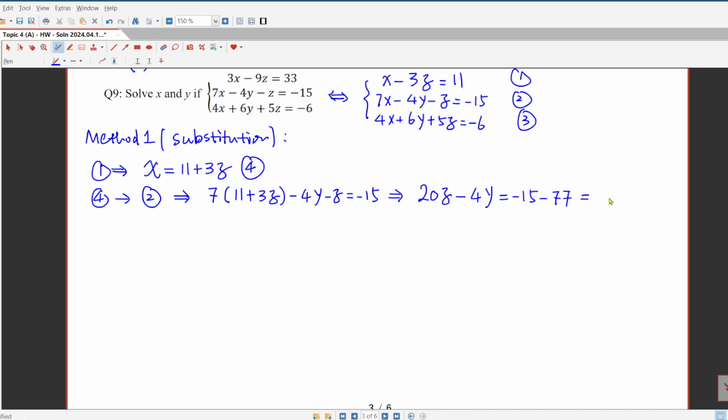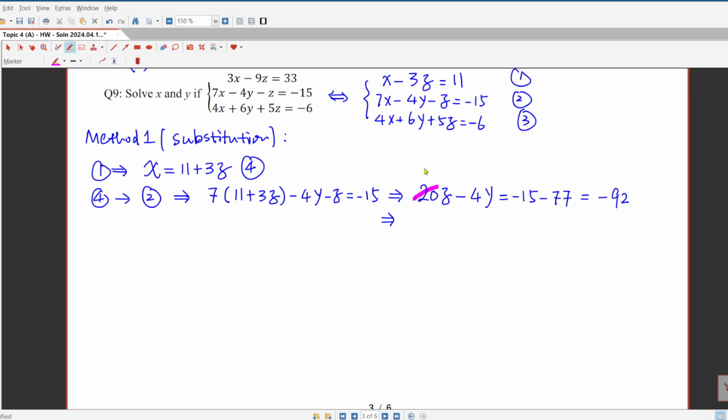So that is negative 92, right? And organize this a little bit. Oh, actually, we can divide both sides by 4.